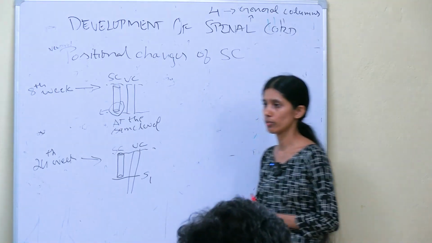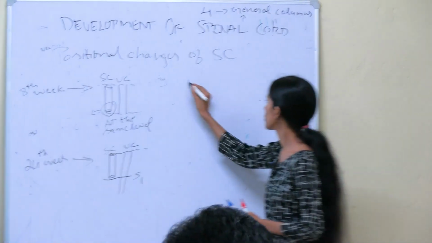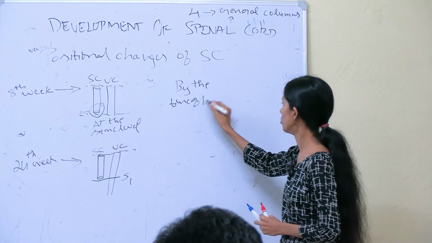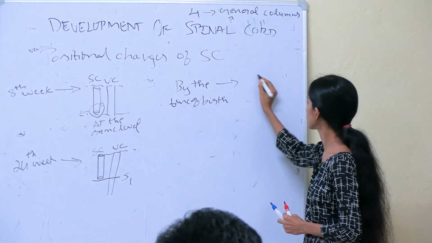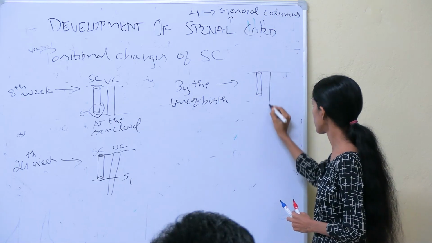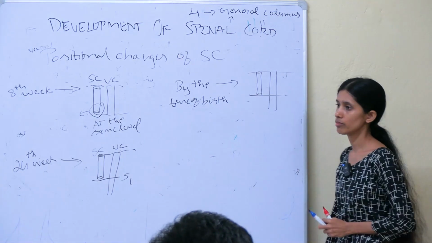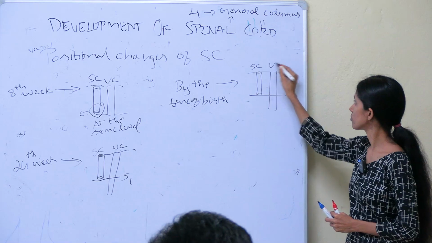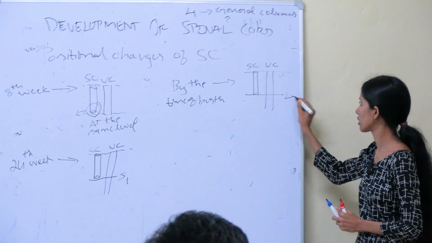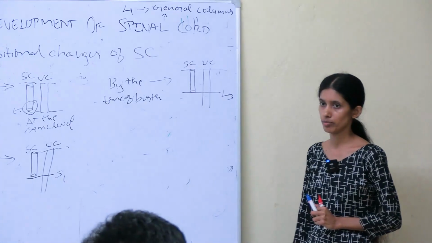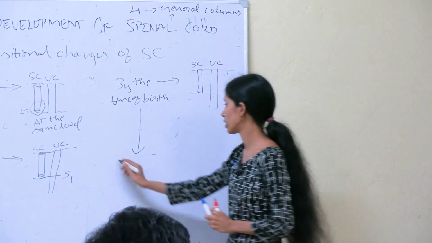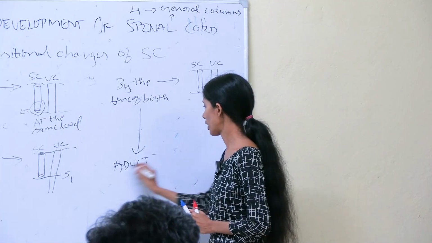This is the vertebral column. And then by the time of birth, your spinal cord is present at which level? By the time of birth, your spinal cord is present at the L3 vertebral level. Then after birth, let's check the adult or final position.